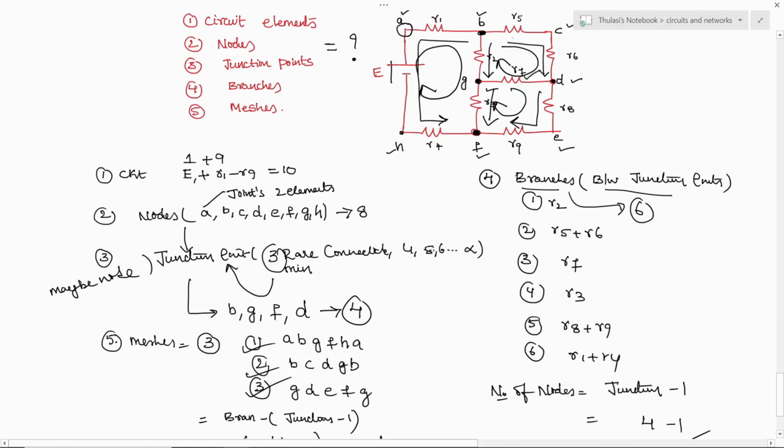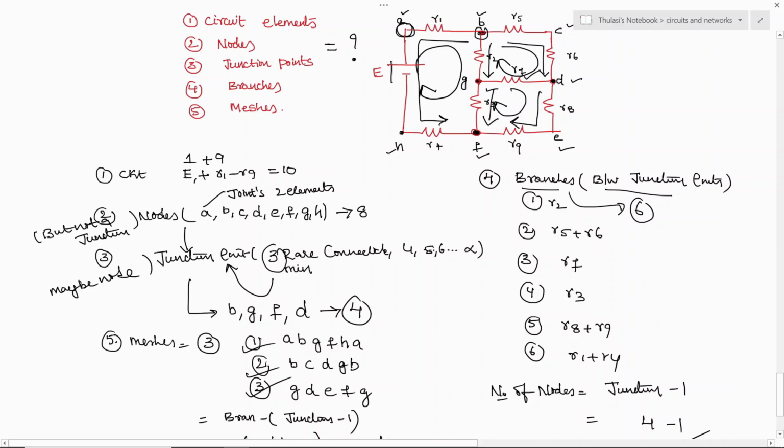Junction B can be called a node and a junction, but node A is only a node and not a junction. Hope you got the clarity. A junction may be a node, but a node is not a junction. That is the clarity you have to identify.